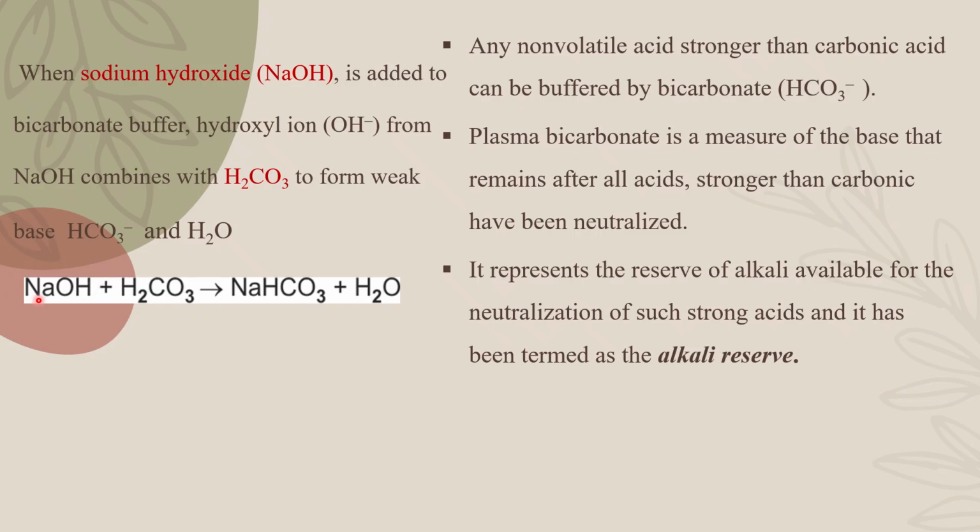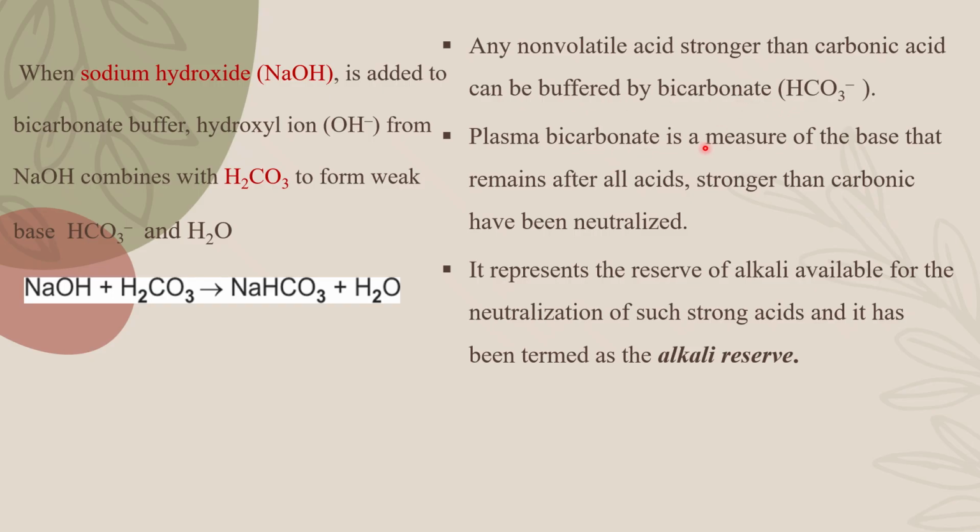So the alkaline effect of this NaOH is compensated by the formation of the sodium salt of carbonic acid, right? Any non-volatile acid stronger than carbonic acid can be buffered by bicarbonate.